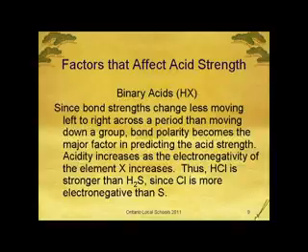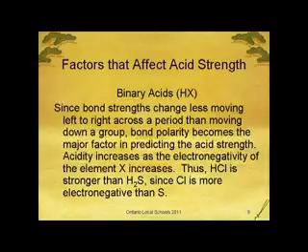And the bond polarity is based on the electronegativity difference between hydrogen and the nonmetal that it's bonded to. So acidity increases as the electronegativity of the element represented by X increases.